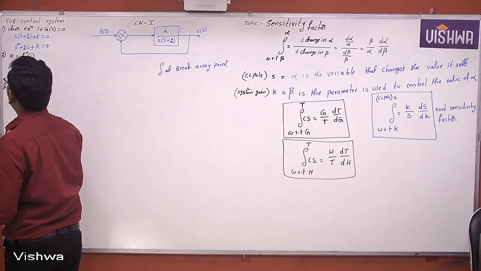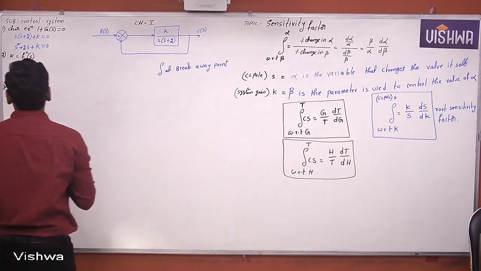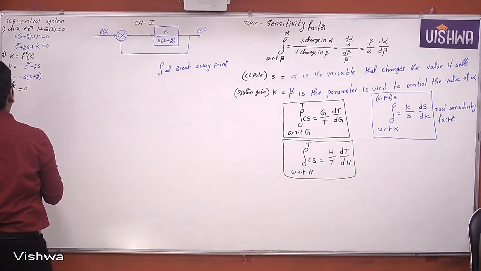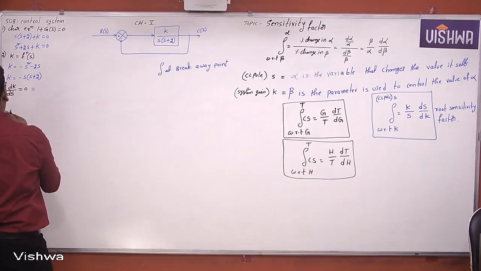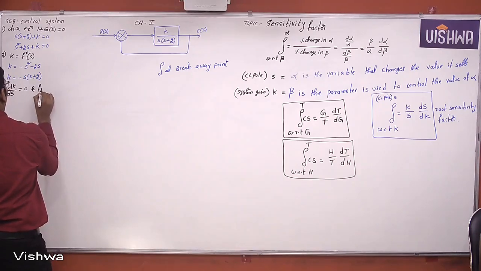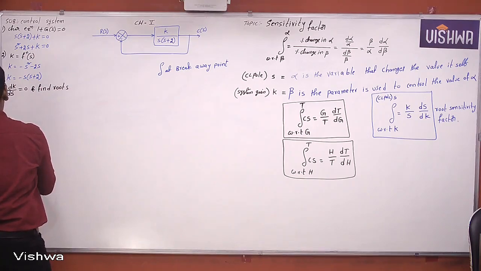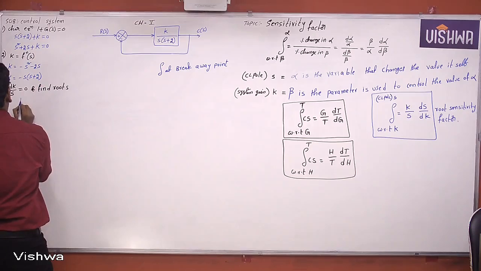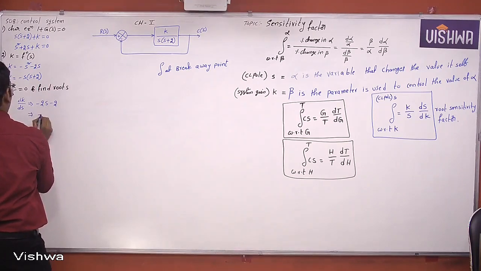Now step 3: differentiate k with respect to s, equate to 0 and find roots. This is dk by ds, which is nothing but minus 2s minus 2, which is minus 2 into (s plus 1).